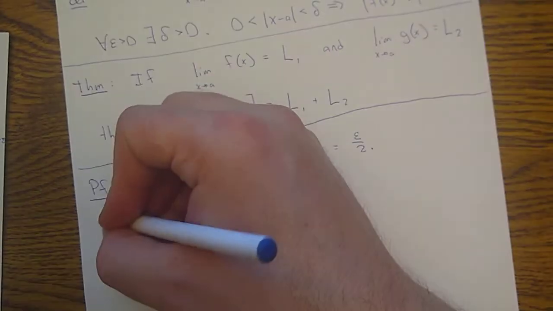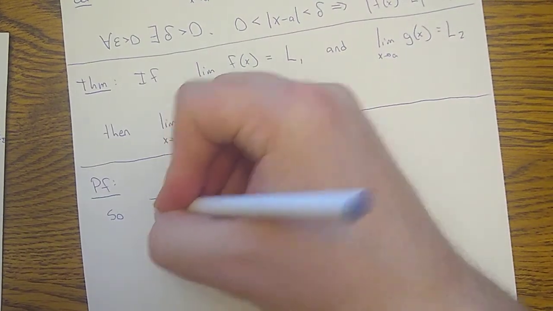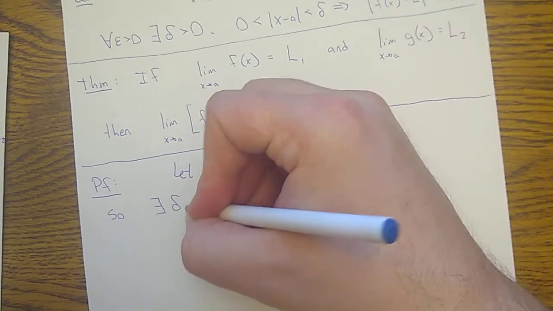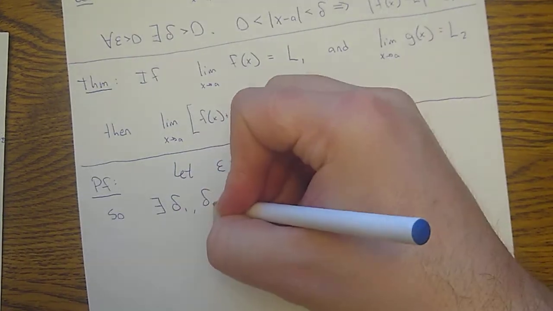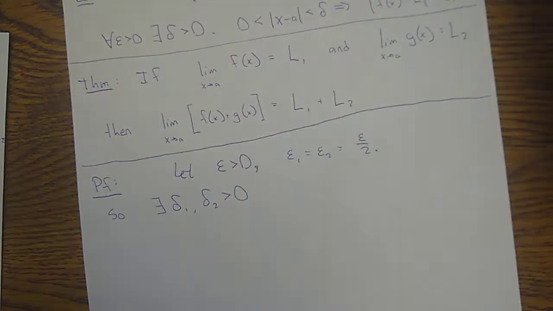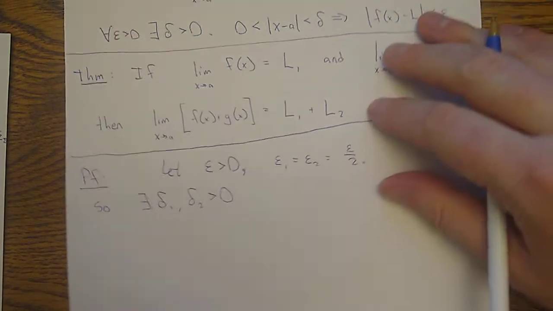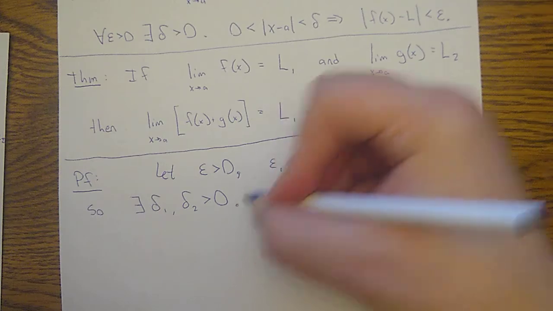Now I'm going to say what I need to say about epsilon 1 and epsilon 2, meaning there exists a number delta 1 and also a number delta 2 that are positive, such that two things.